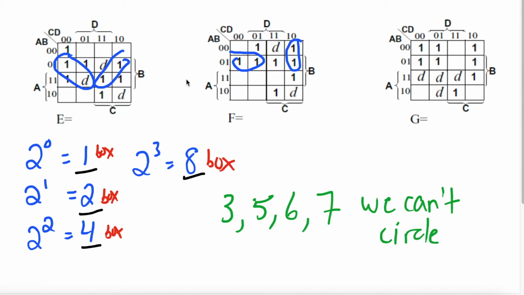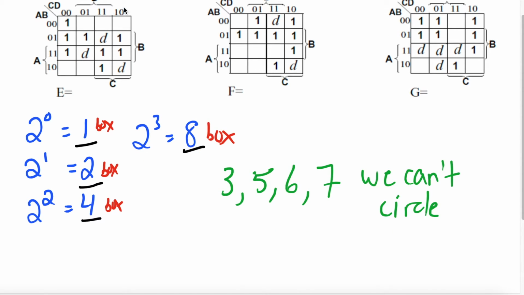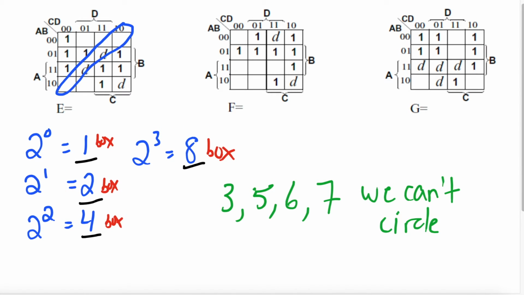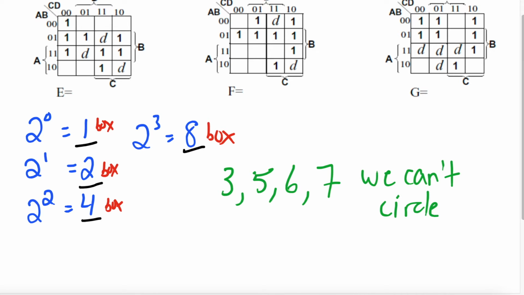We cannot do diagonals, and that goes the same for 4 boxes as well. For example, if I had 4 boxes across diagonally, I cannot circle those. That would not be correct. So we're going to write down here: no diagonals.